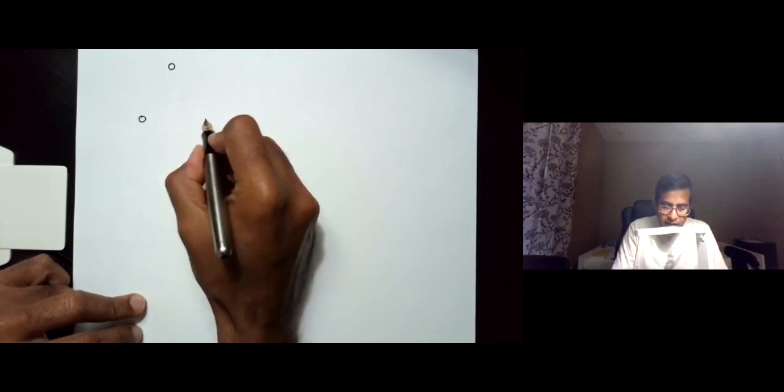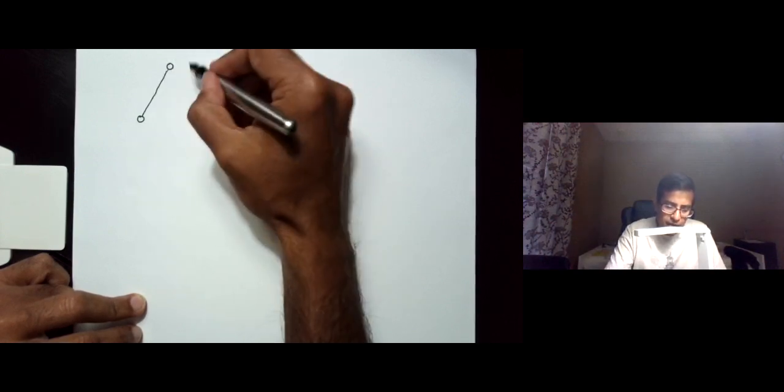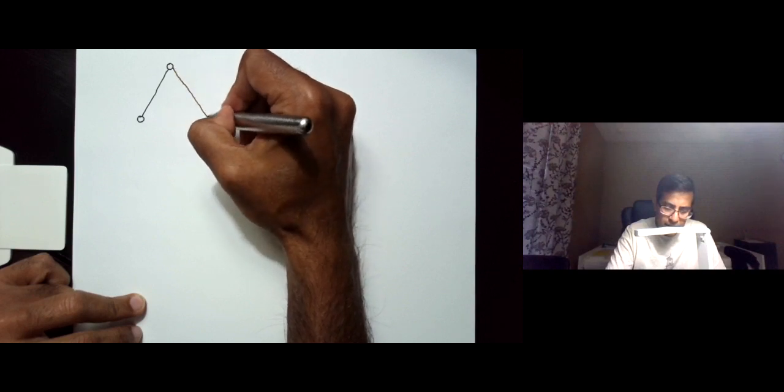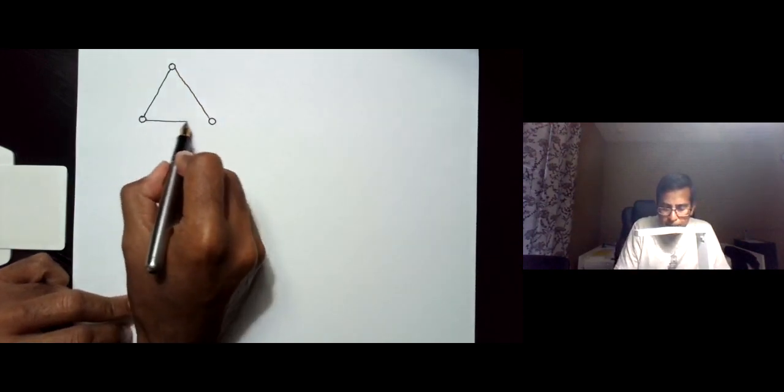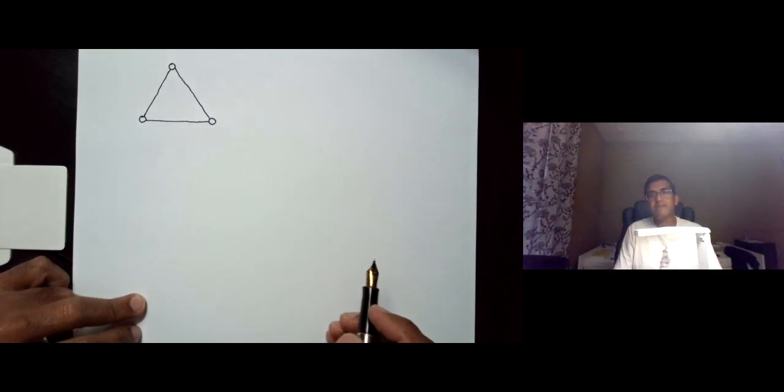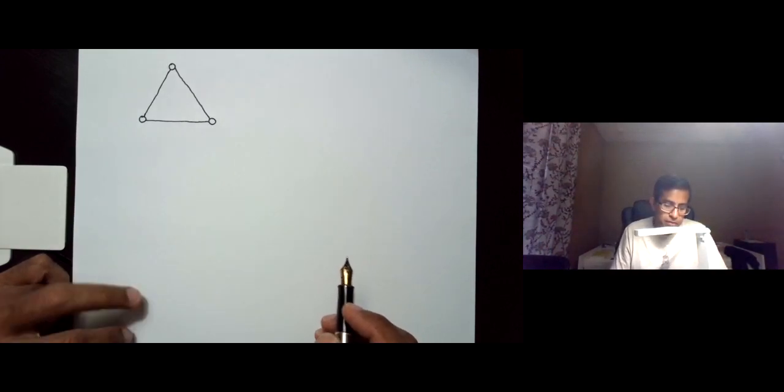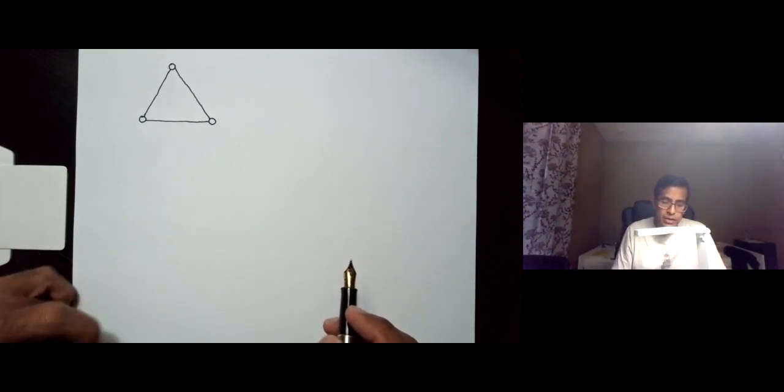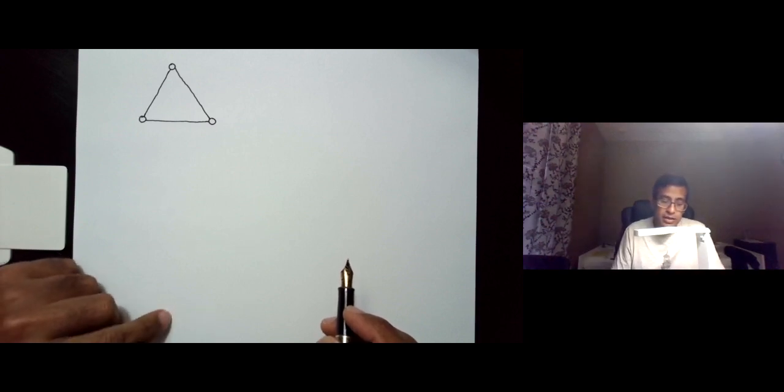There are three particles forming an equilateral triangle, and they are connected by rigid massless strings, or you could also consider them to be rigid massless rods, or you can consider them to be inextensible strings.